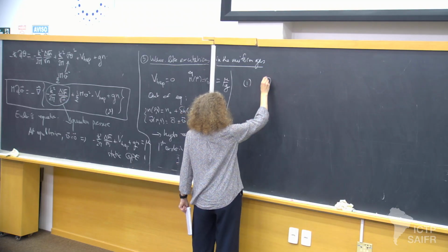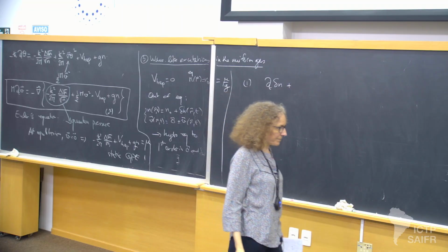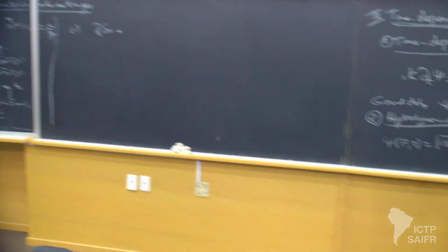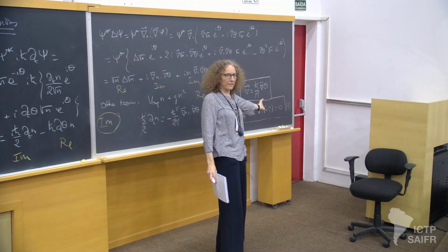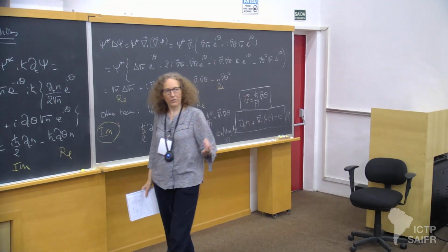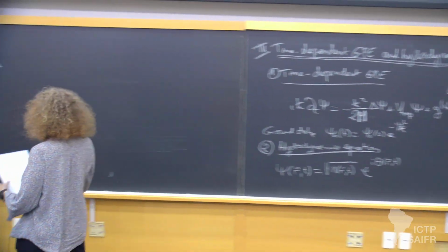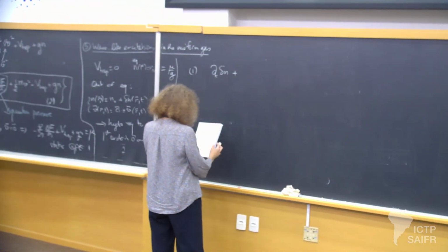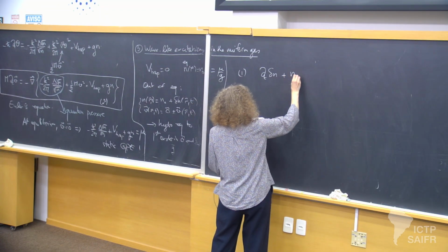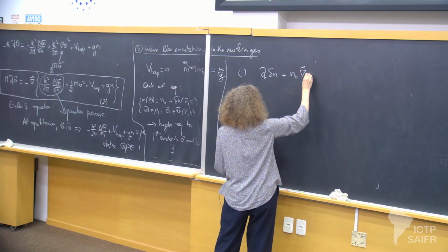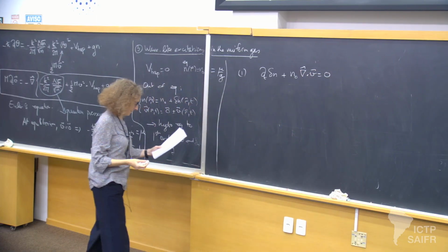So I have the time derivative of delta n plus, and in this expression there is already v, which is of first order in delta n. So I have to take the 0th order for n, which is n0, which is constant. And so it goes outside the divergence, such that I have n0 divergence of v, and this is equal to 0, to first order.